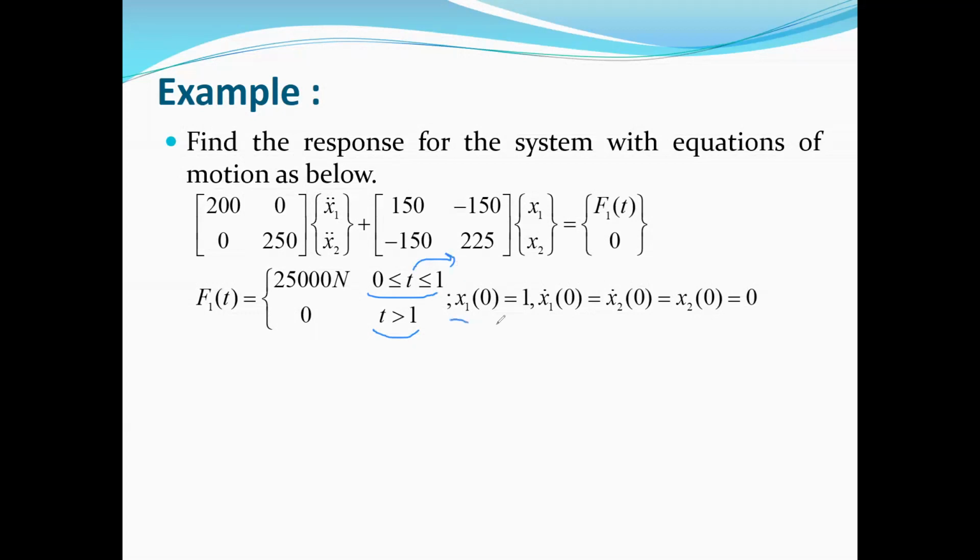So we have this initial condition: x1 at t equal to 0 is 1, and x1 dot, x2, and x2 dot at t equal to 0 are 0. We can use this initial condition for t between 0 and 1 and obtain the total response. But after t more than 1, we cannot use this initial condition, and we should extract a new initial condition for t more than 1.